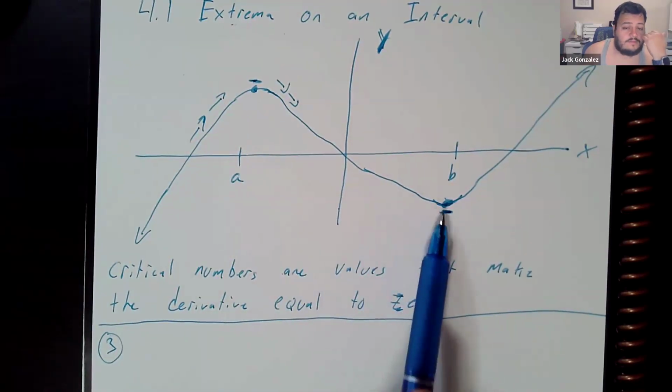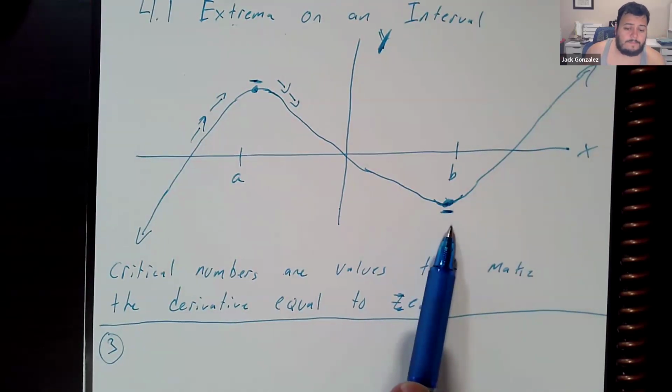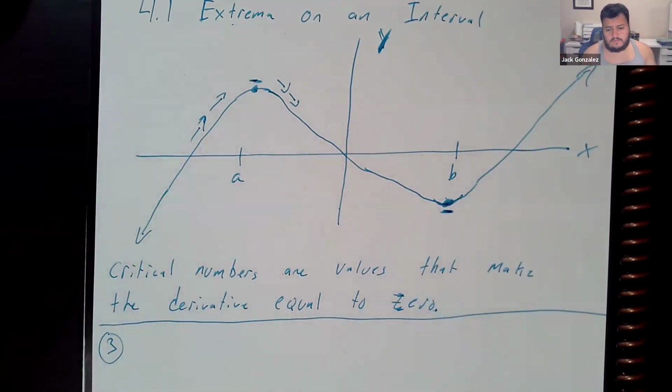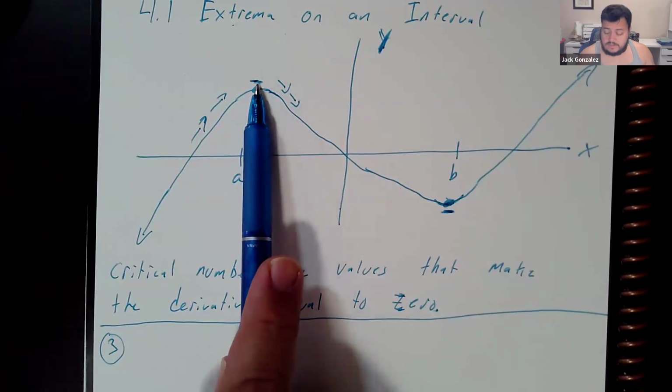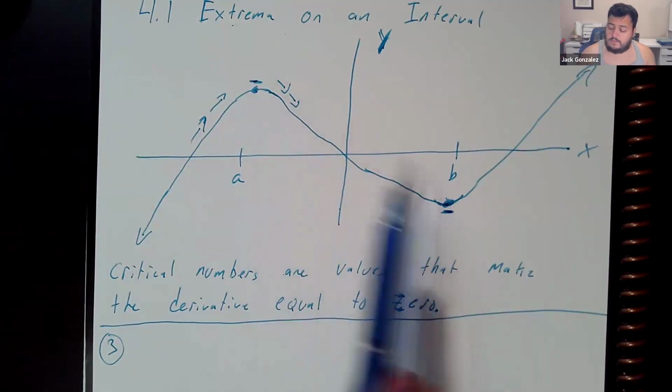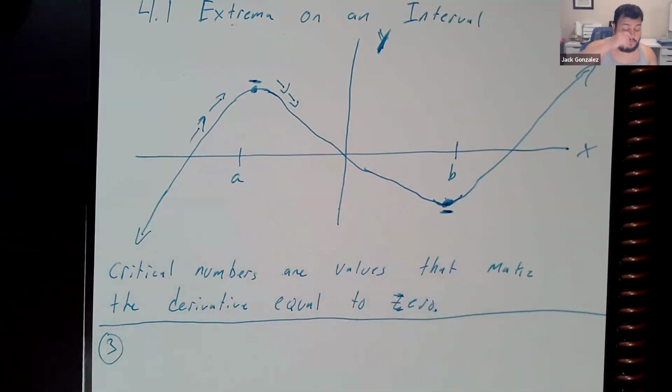So we find these critical numbers by setting the derivative equal to 0 and solve for x. So those x values will be the location of where your function has a zero derivative, which is also a max or a minimum.